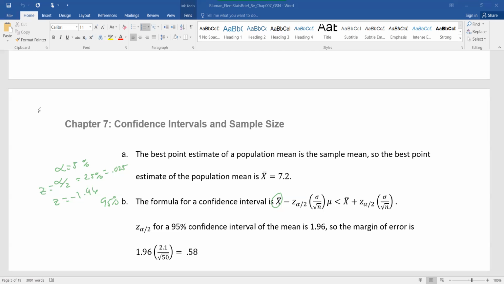All right, so to calculate this, the math here would be 7.2 minus 1.96 times, what was the standard deviation they gave us? 2.1.